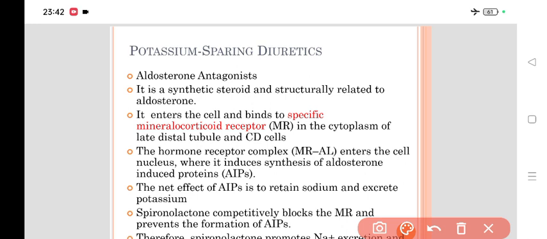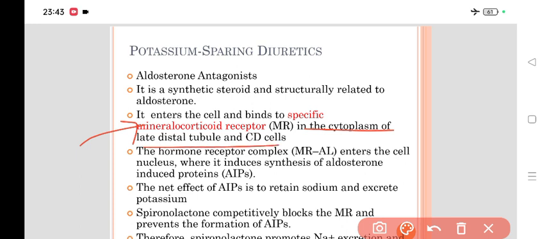First of all, it will enter into the cell and bind to the receptor. Which receptor? The mineralocorticoid receptor, which is present in the cytoplasm of the late distal tubule and collecting duct.